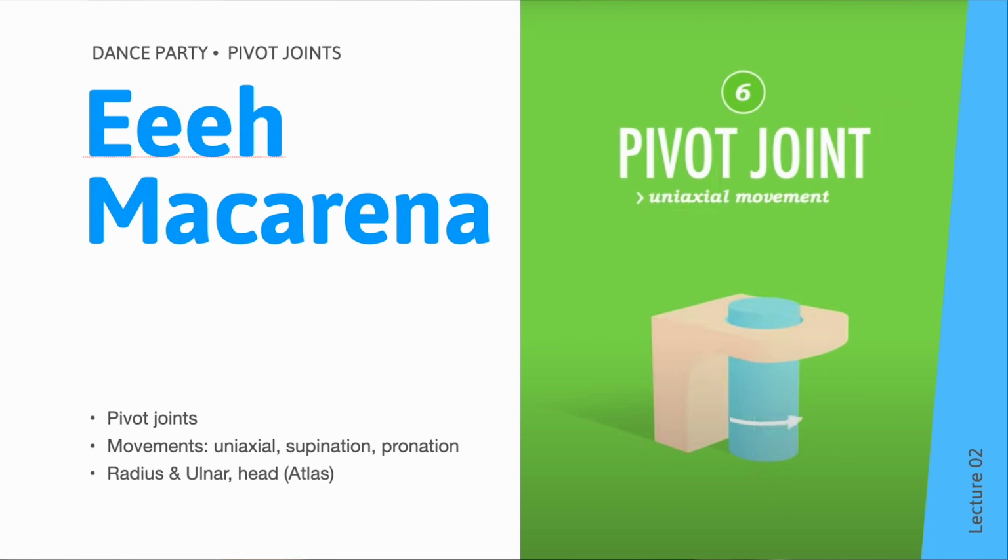And last but not least, a Macarena, we have the pivot joint. Maybe you notice that, and so on. The movement of the forearm, the radius and the ulnar, moving around each other, that is a pivot joint.